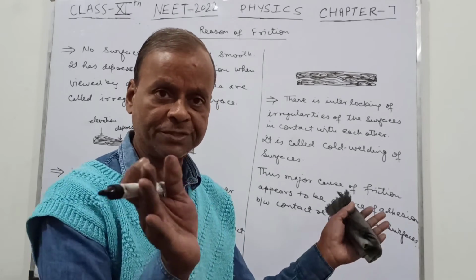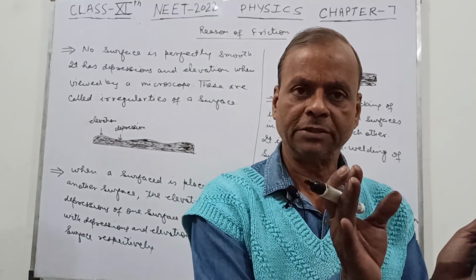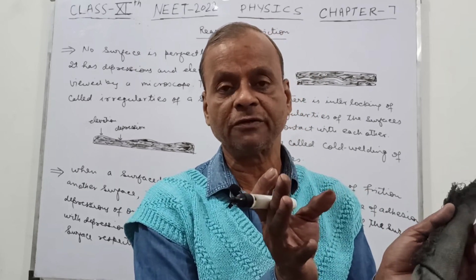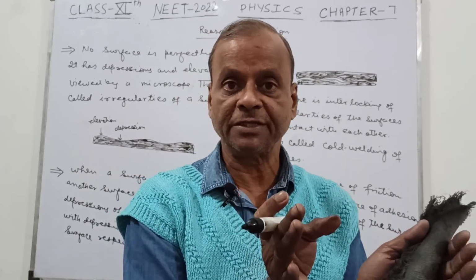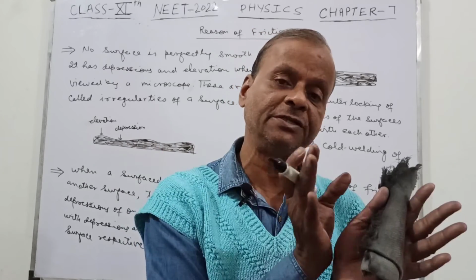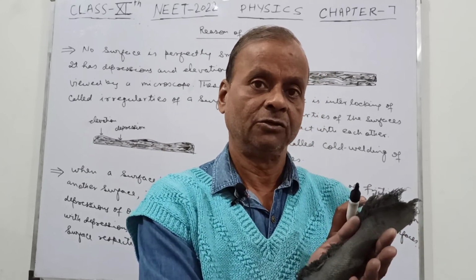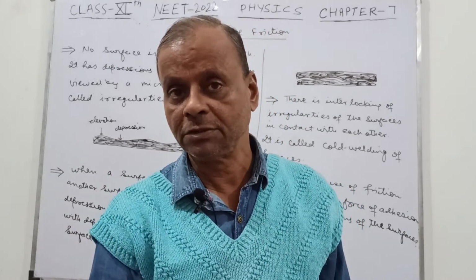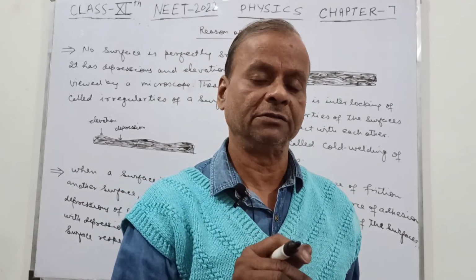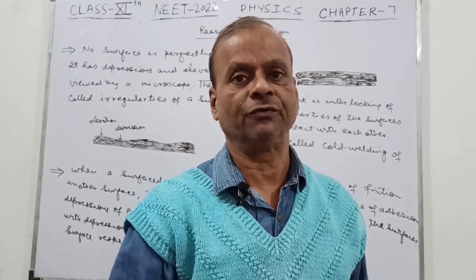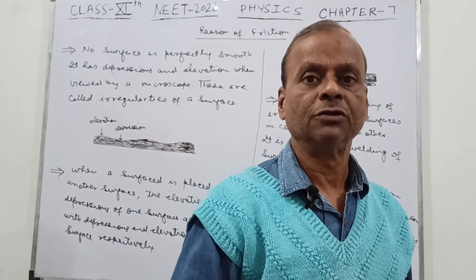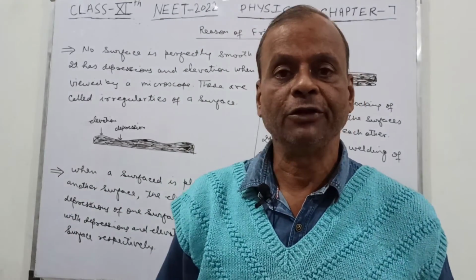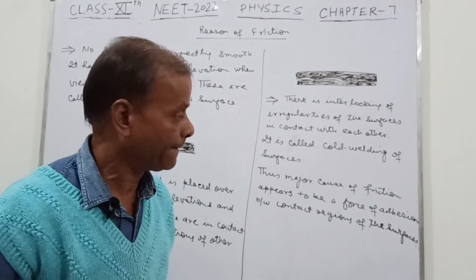So when the two surfaces are in contact, we can say that there is a force of adhesion. This is the molecular force. Because of that, the two surfaces stick with each other. Whenever we have to slide one surface on the other, some force is required. That is called the frictional force. So friction is completely a molecular phenomenon.